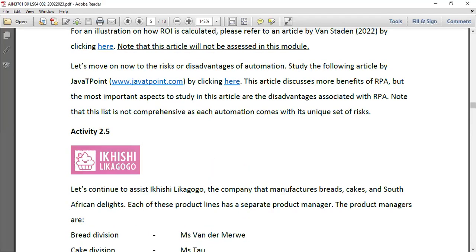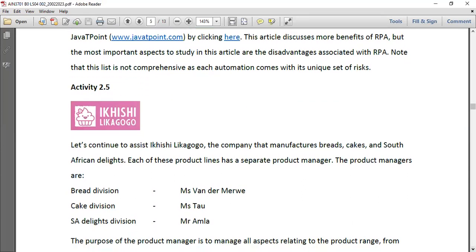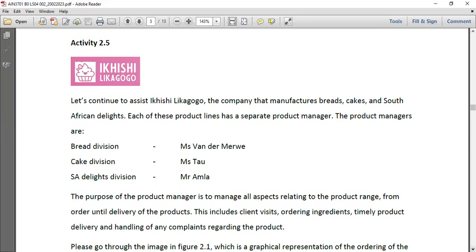Activity 2.5 starts here. We read this last week, but I will just repeat so that we can quickly get it. Let's continue to assist Ikishilika Gogo, the company that manufactures breads, cakes, and South African delights. Each of these product lines has a separate product manager.